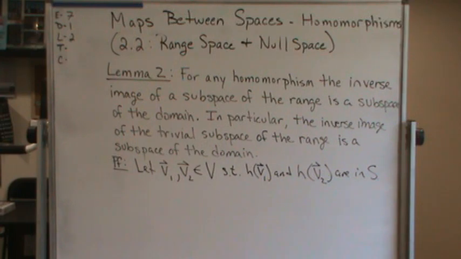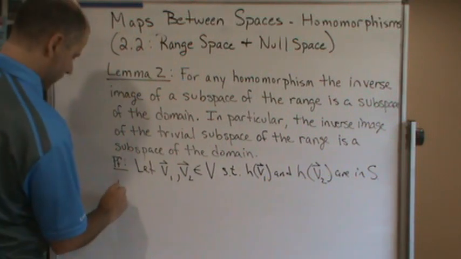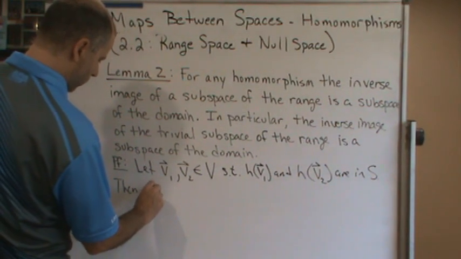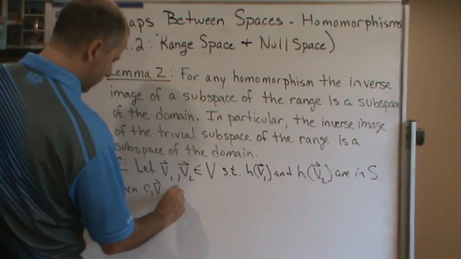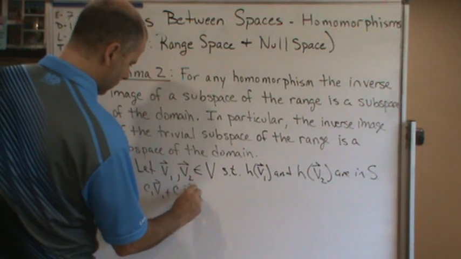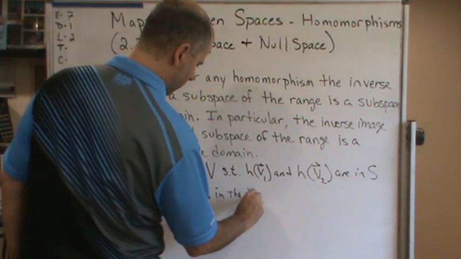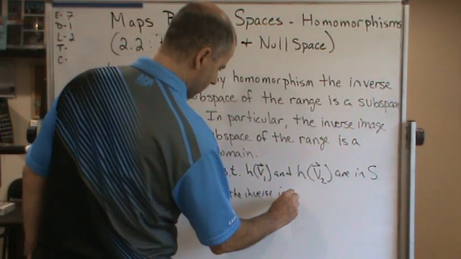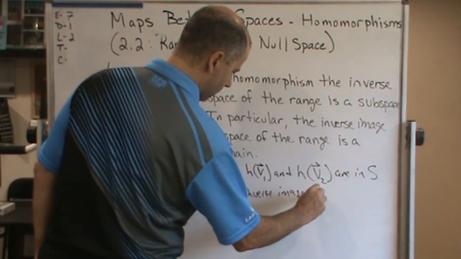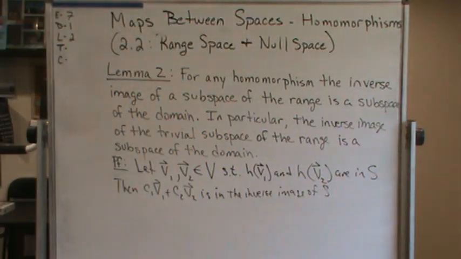Then C1 V1 plus C2 V2 is in the inverse image of S, and why is that?